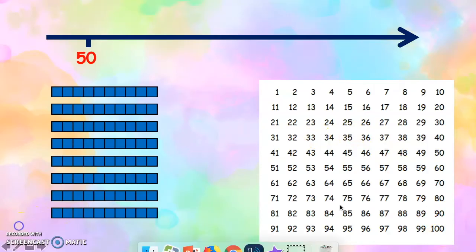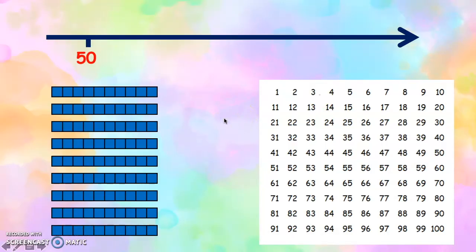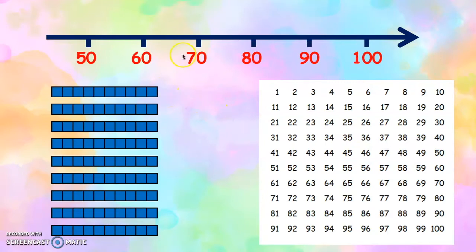And you'll be able to pick out a number and either add 10 or take away 10. And of course, another strategy we have is using our number line. So here we've got our numbers 50 through 100, and when we are adding or subtracting, we can move forward on our number line, or we can move backwards on a number line to subtract.